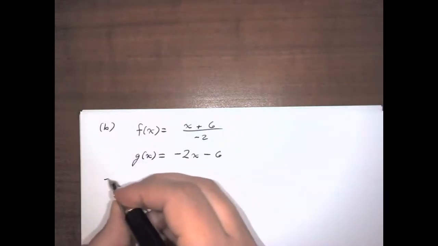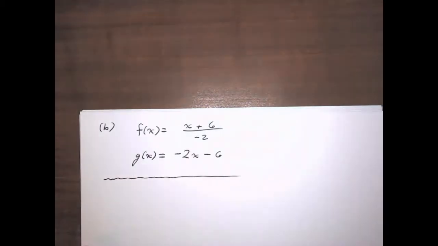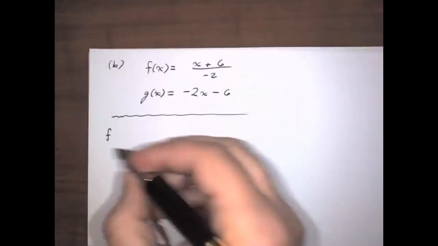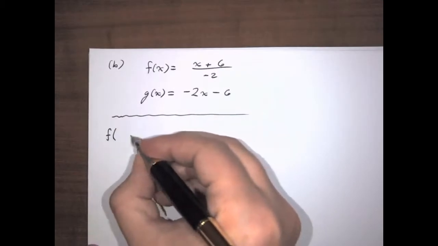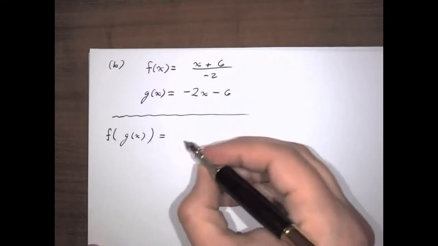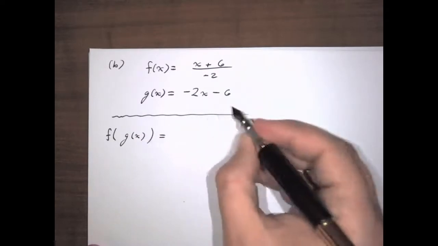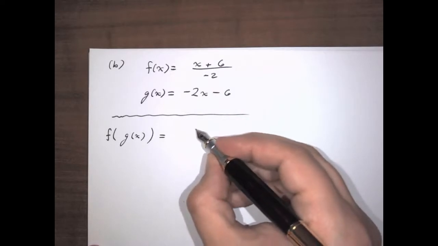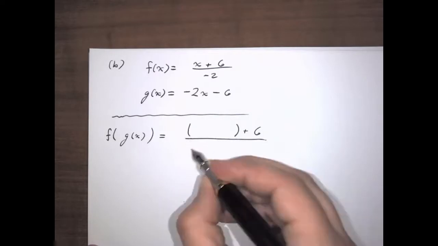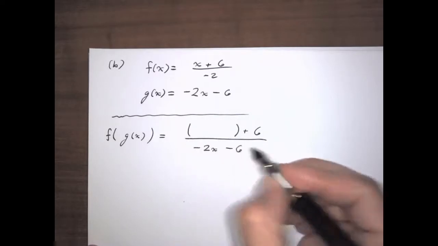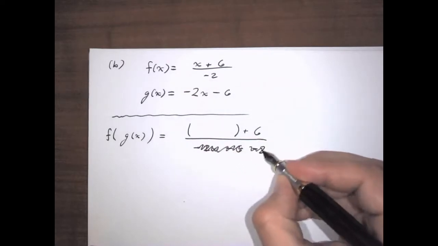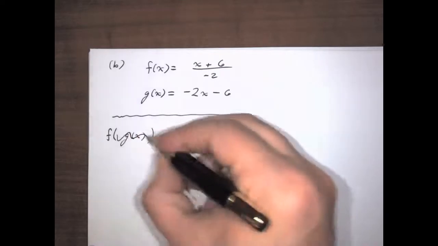Well, nothing is different about the setup here. You just start by saying f of g of x, and you put into the formula for f whatever you have there for the formula for g. So what am I doing? It's all divided by negative 2. Let's just start that over.